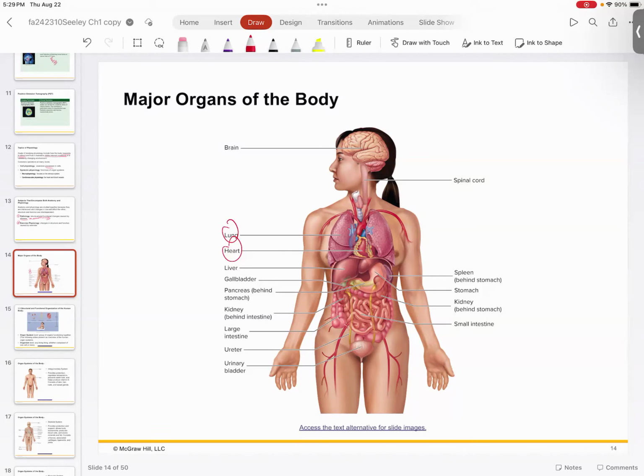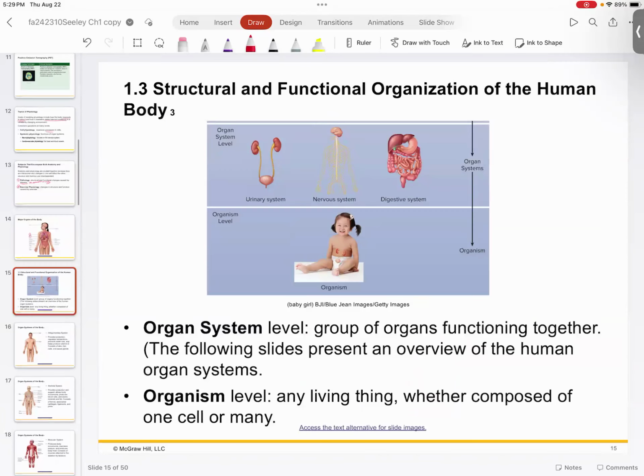Liver, gallbladder, pancreas, large intestines, spleen, stomach, small intestines, those are part of the digestive system. Your kidneys and your ureter are part of your excretory system. So you have a lot of major organs, but you can bundle them together within the major systems. And we'll take a look at that here in just a second.